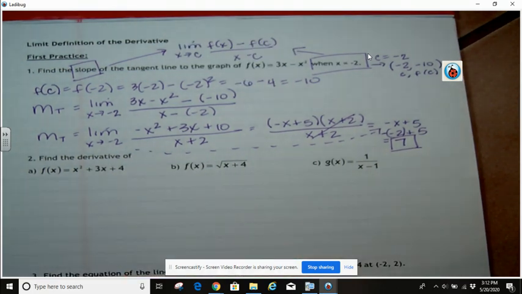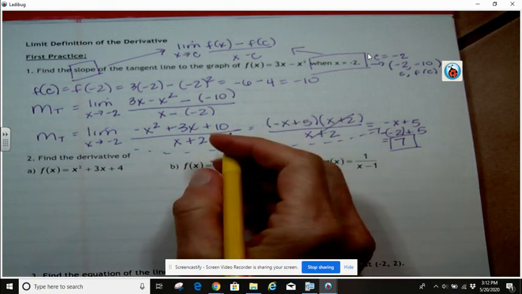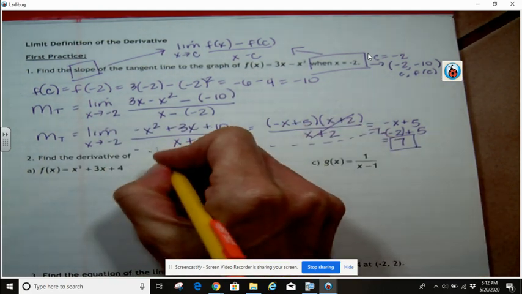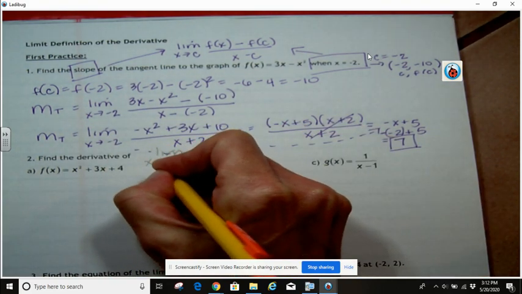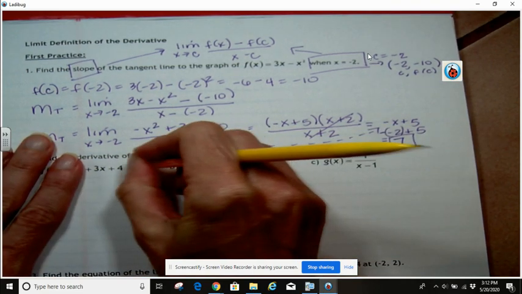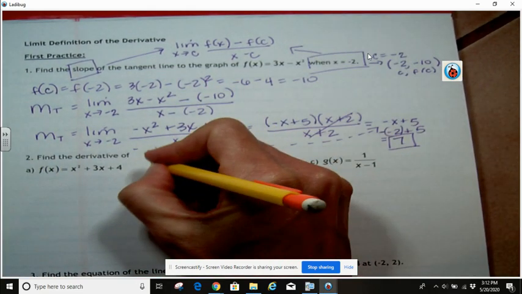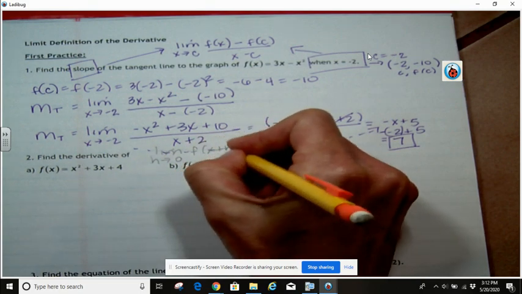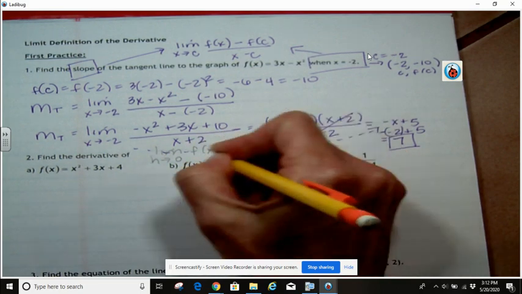So that doesn't give us any kind of x value. Doesn't give us an ordered pair. So that's the other formula. Right, so that formula is the more generic one. That is the limit as h approaches 0 of f of x plus h minus f of x all divided by h.